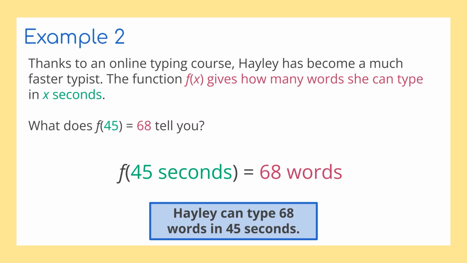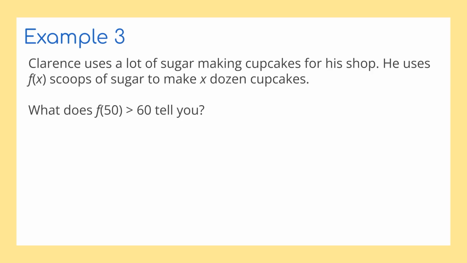Our next example states Clarence uses a lot of sugar making cupcakes for his shop. He uses f of x scoops of sugar to make x dozen cupcakes. We want to know what f of 50 is greater than 60 means. So our function notation gives us an inequality statement here, but let's start the same way as we did in our previous examples, by finding what our variables represent.